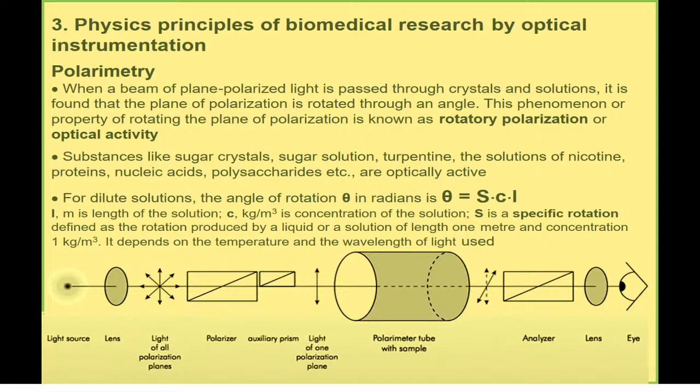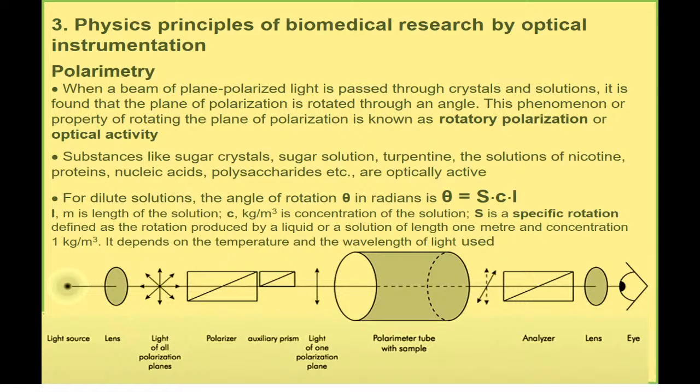They rotate the plane of polarized light polarization. So that is why, by that means, these optically active substances may be revealed, may be recognized, meaning their presence. In some cases, in medicine, in biology, it is of interest.